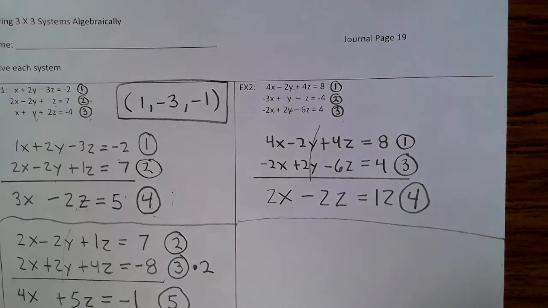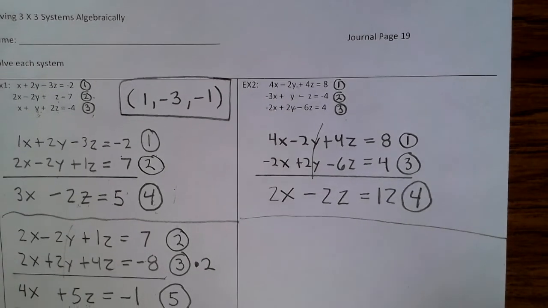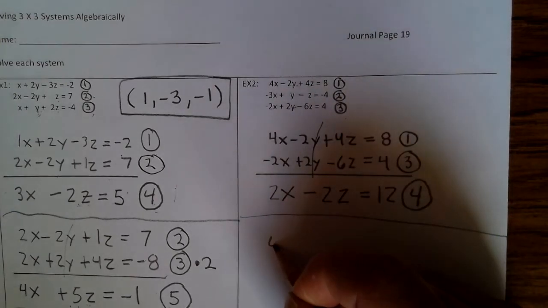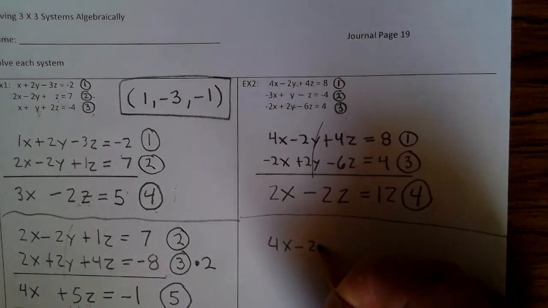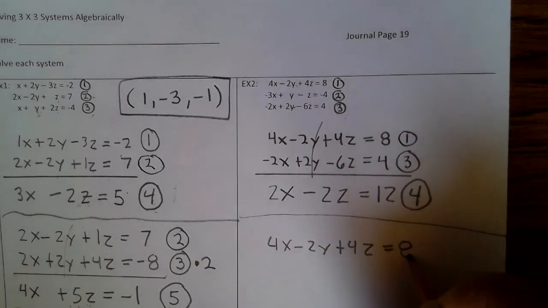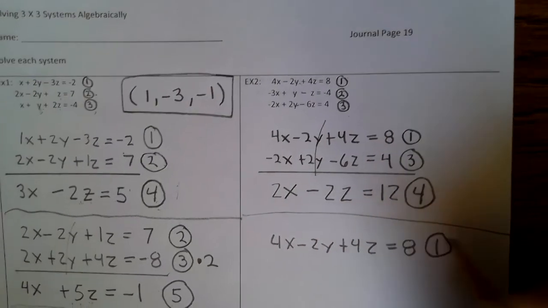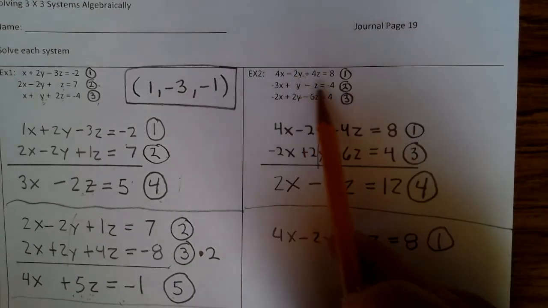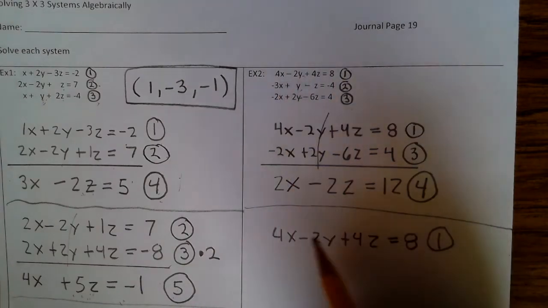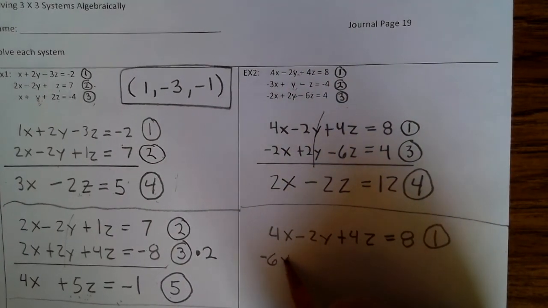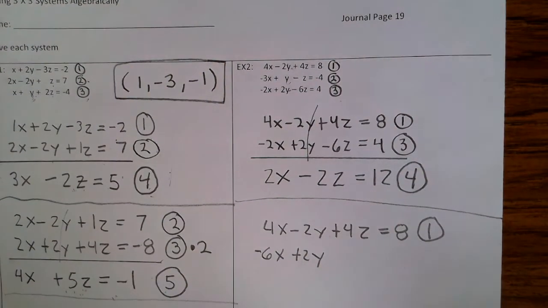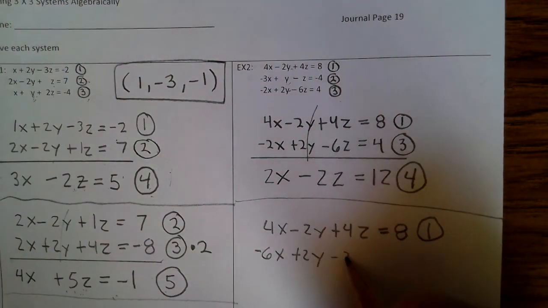Okay. Now let's use equations 1 and 2 to eliminate y. So equation 1 is 4x minus 2y plus 4z equals 8. That's equation 1. Now, if we multiply equation 2 by 2, the y's will cancel. So let's do that. So 2 times negative 3 is negative 6x plus 2 times y is 2y. And then 2 times negative z is a negative 2z.